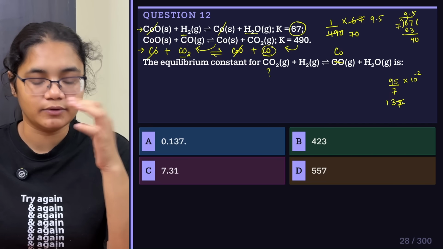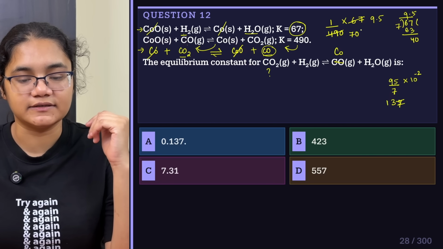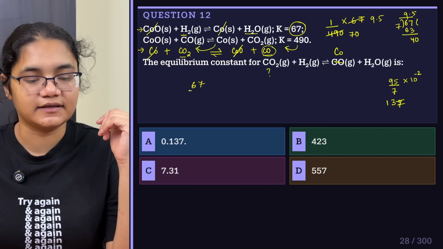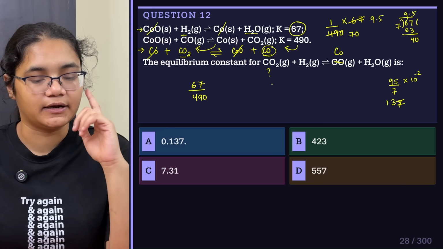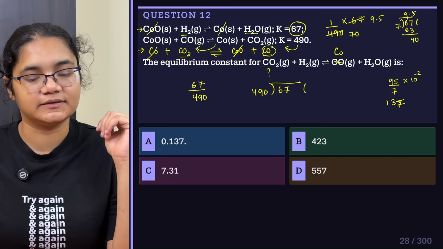Again we have two decimal places here, so that will give me 0.1. Second, I'll calculate 67 divided by 490. I'll just divide this one directly because I got confused here with the calculation. So let me keep it simple.